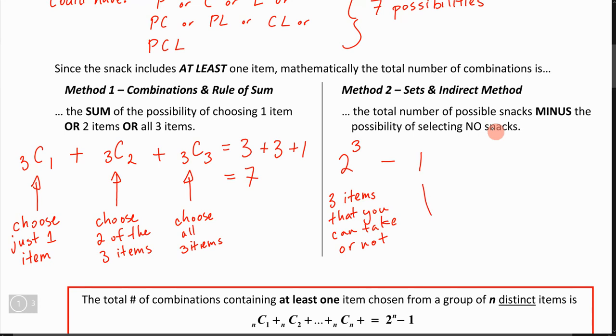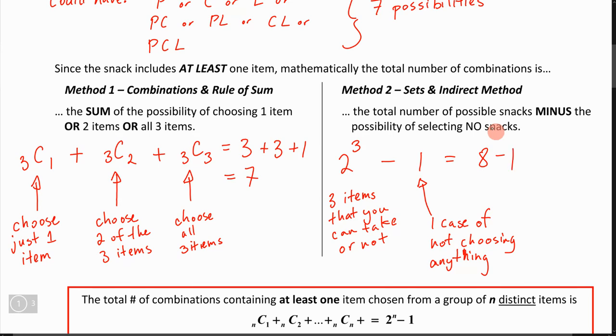So this is the one case of not choosing anything. And that leaves us with an answer of 8 minus 1, which is equal to 7.